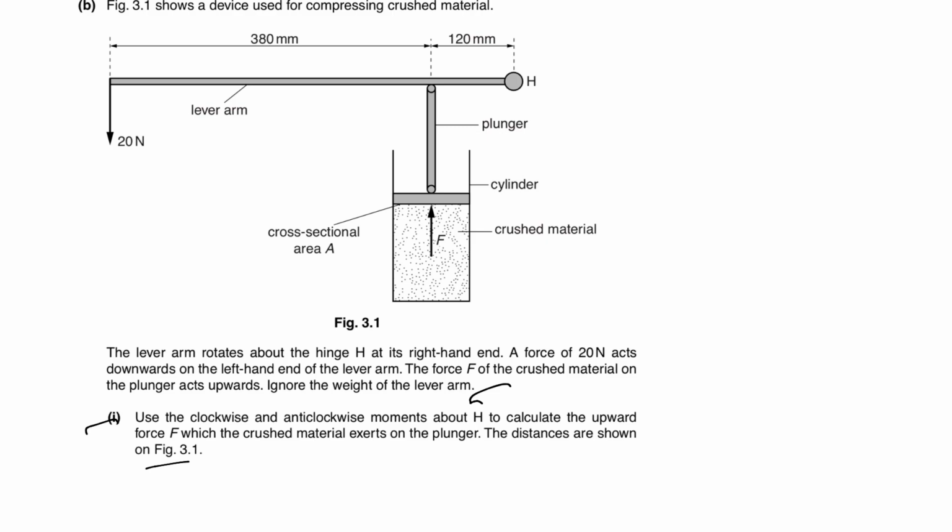First, anti-clockwise force. Here we will make a clock. Anti-clockwise means it moves in the direction opposite to how the clock needle moves. This downward force acts anti-clockwise. Now the clockwise force: we will make a clock here.